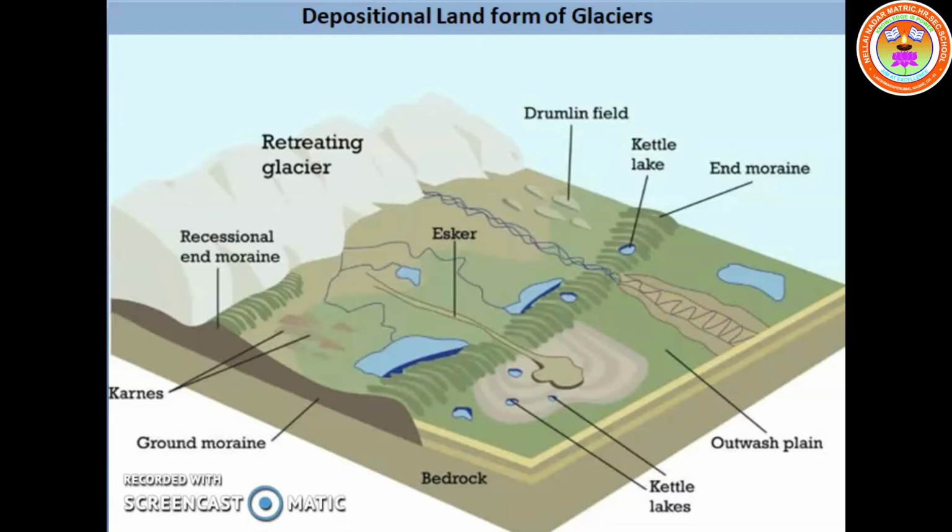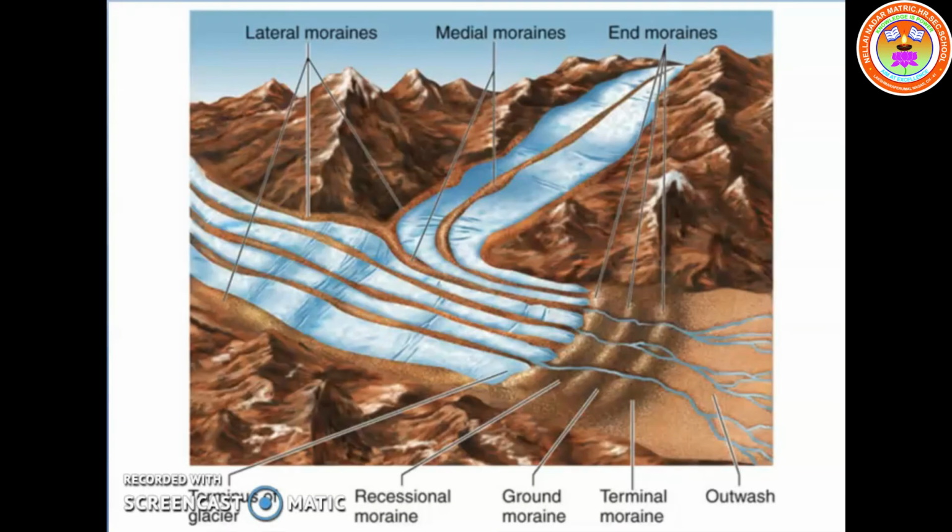The first one is moraine. Landforms formed by the glacial deposits of valley or continental glaciers are termed as moraines. They are of various shapes and sizes like ground, terminal, and lateral moraines.